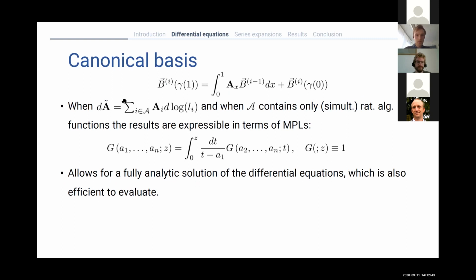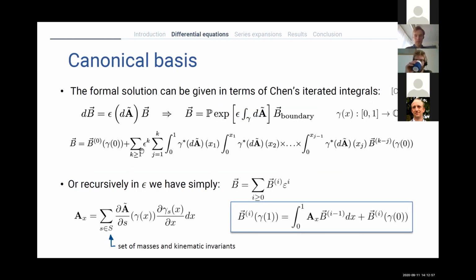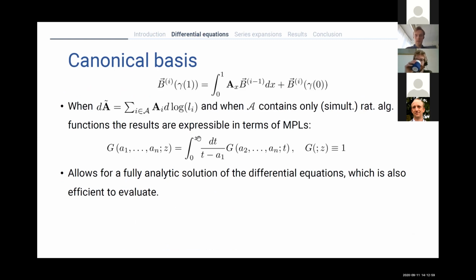So when your total differential is a sum of d logs, and also when you have only rational functions or roots that can be rationalized, then this path ordered exponential can be expressed in terms of multiple polylogarithms. And so that's really good because now you have a fully analytic solution.